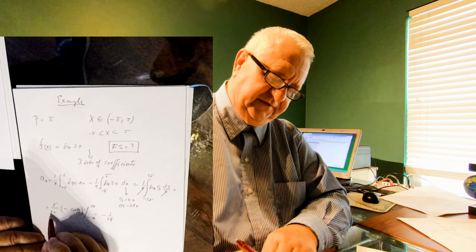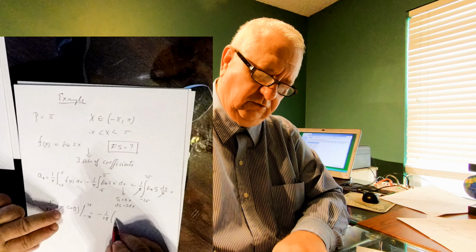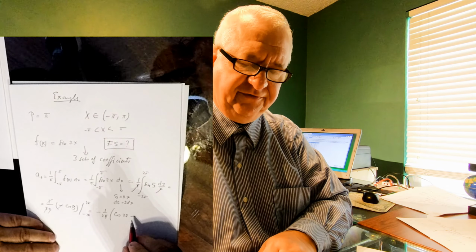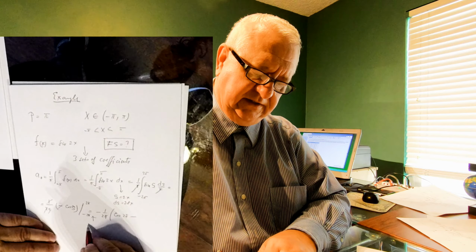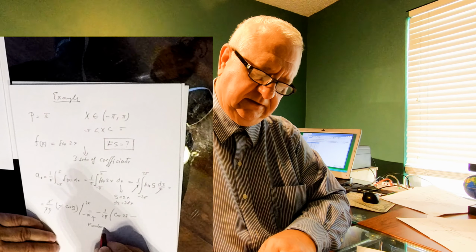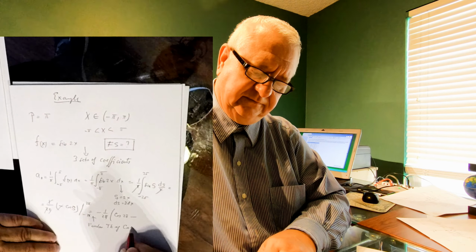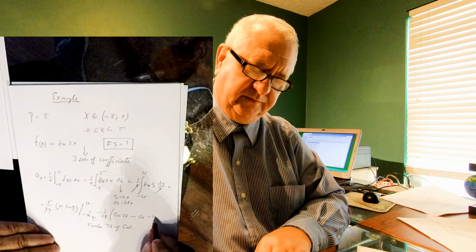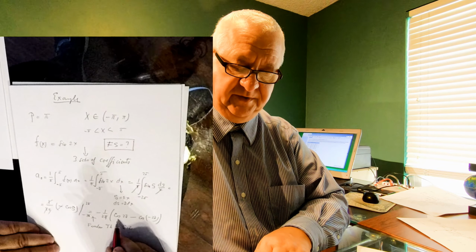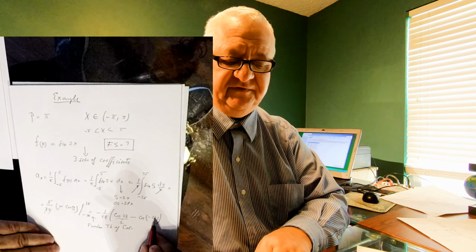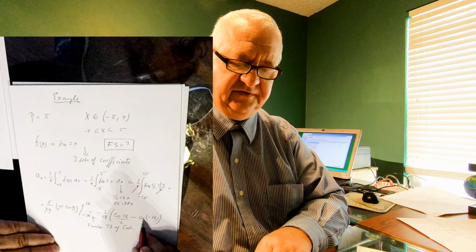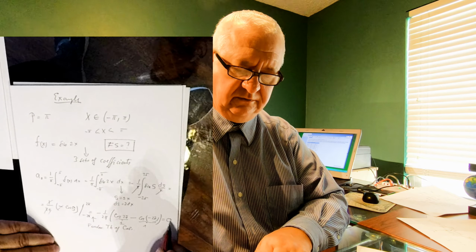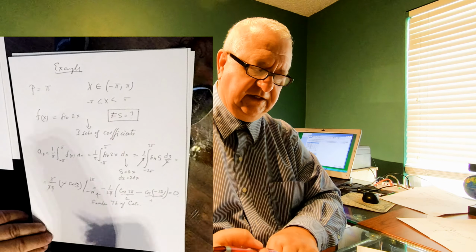All the constants outside first, and then I have cosine in the upper limit, cosine of 2 pi, minus, fundamental theorem of calculus, that's what we remember here, minus cosine in the lower limit, cosine of negative 2 pi. Cosine of 2 pi is 1. Cosine of negative 2 pi, cosine is an even function, it's equal to cosine of 2 pi, it's also 1. 1 minus 1, 0. Alright, a naught is 0. Next coefficient, a n.